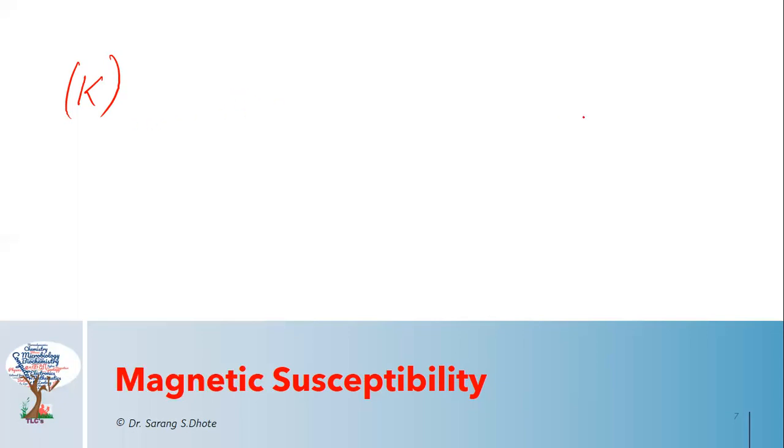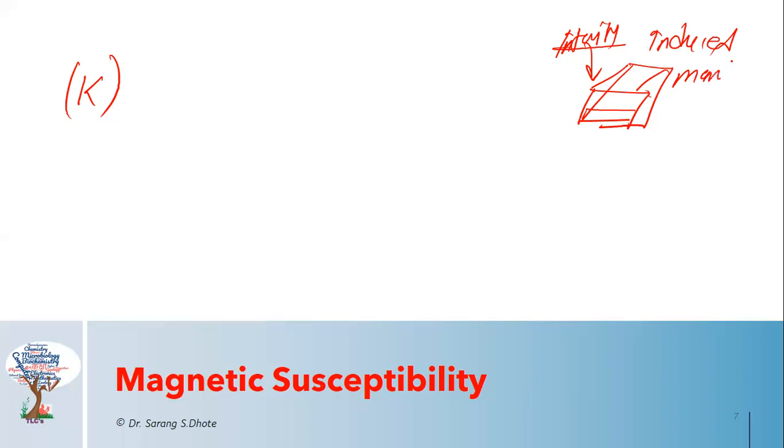Suppose there is one substance; the intensity of induced magnetization in a substance per unit magnetizing field is nothing but the magnetic susceptibility.